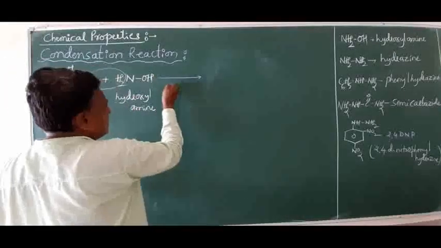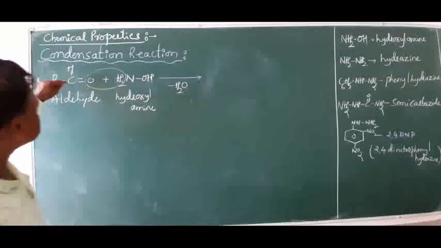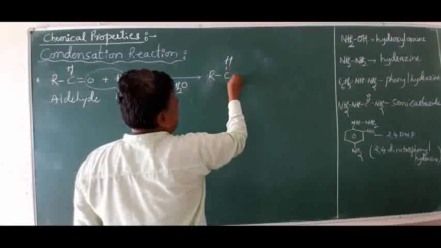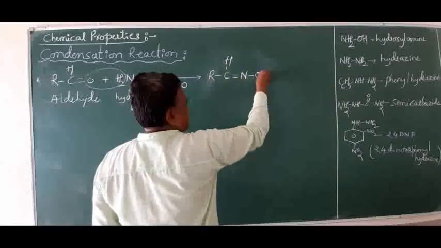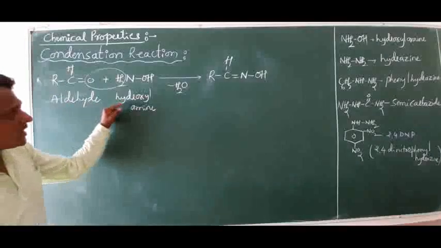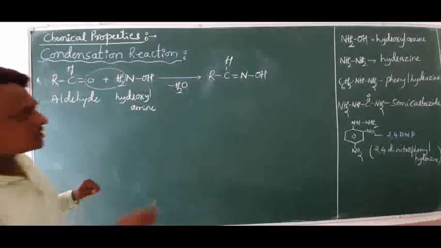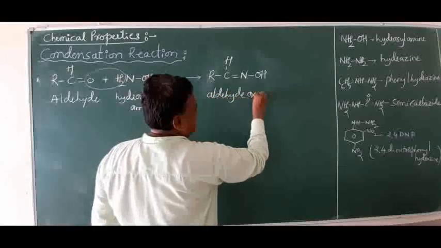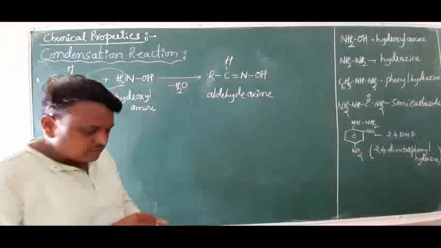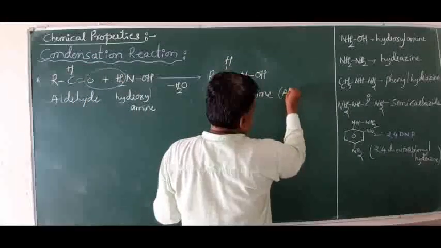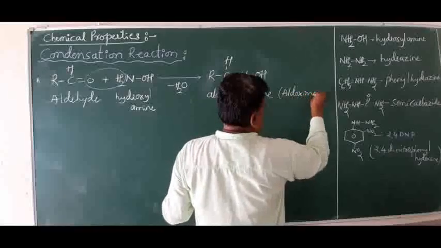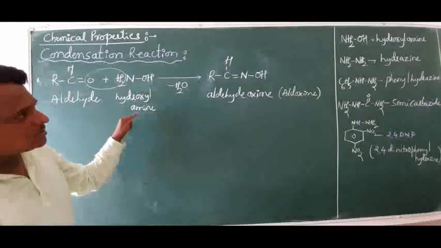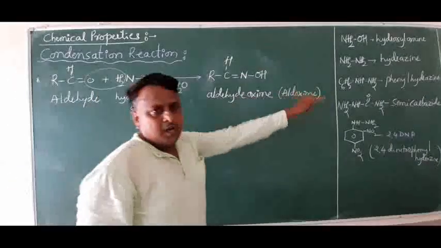What remains is RCH=N-OH. The name is very important: with hydroxylamine, the final product is aldehyde oxime, in shortcut aldoxime. When an aldehyde reacts with hydroxylamine, the product is aldehyde oxime or aldoxime.